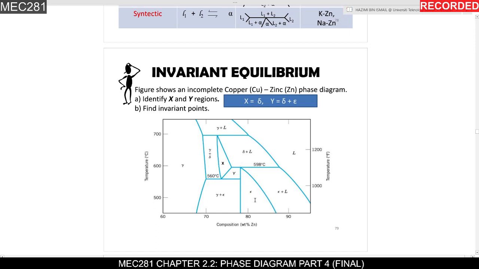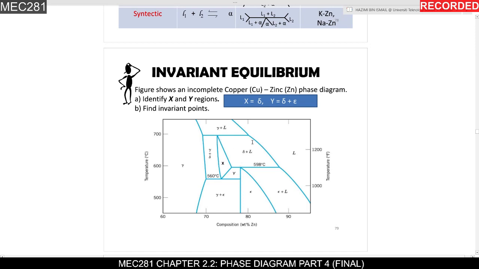Between the epsilon and the liquid we have the mixed region between the solid epsilon and the liquid solution, so we get epsilon plus L. Before epsilon and Y we have an intermediate region again, so it will be a mix of gamma and epsilon.